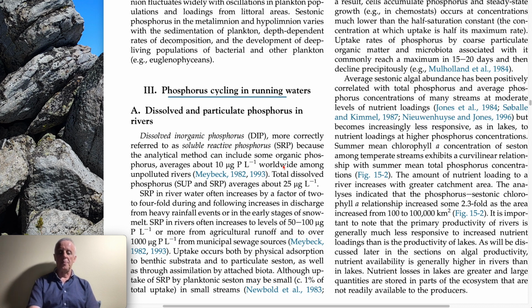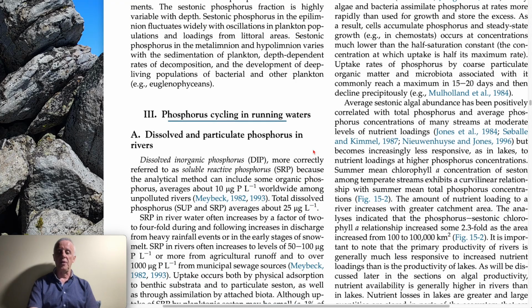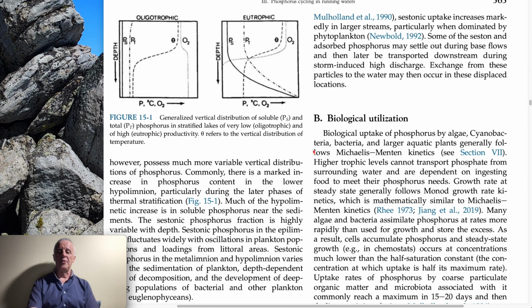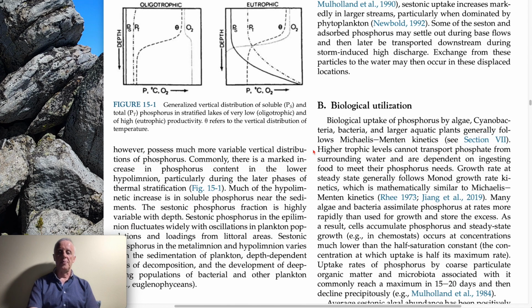Uptake occurs both by physical adsorption to benthic substrata and to particulate seston, as well as through assimilation by attached biota. Although uptake of SRP by planktonic seston may be small, approximately 1% of total uptake in small streams, seston uptake increases markedly in larger streams, particularly when dominated by phytoplankton.